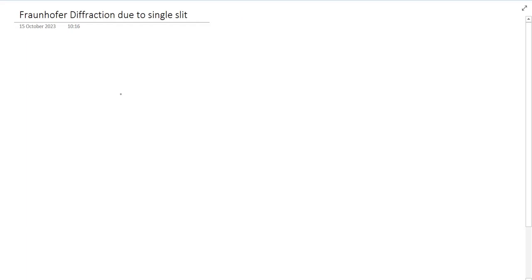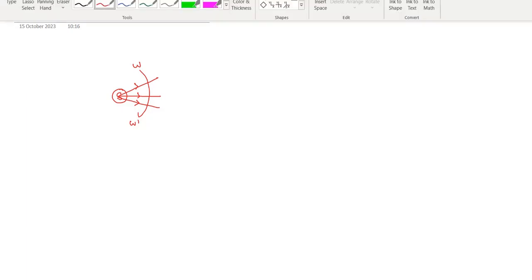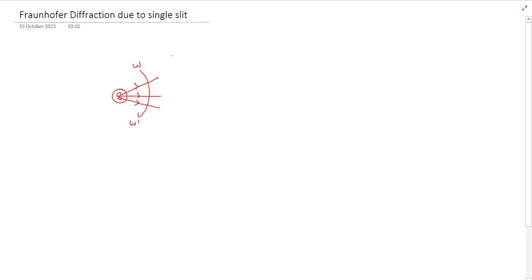First of all, let us consider a source. Light from the source is emanating in all possible directions. It is moving like a spherical wavelet W'. Now we are going to keep a double convex lens.